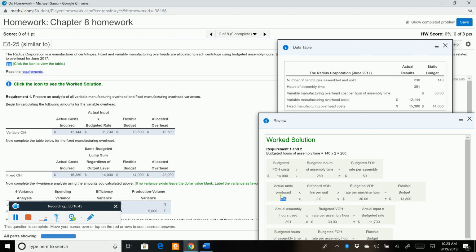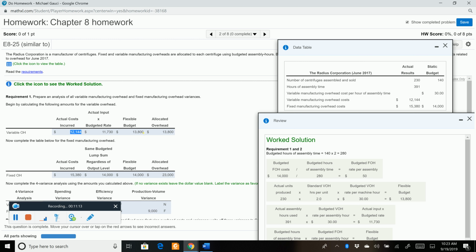So the actual level of activity, 230 units, times 2 hours per unit, times the budgeted predetermined overhead rate, $30. The author gave us that number as well. So we should have spent $13,800 on variable overhead for this level of activity. That is the amount that is allowable for this level of activity. How much did we spend?